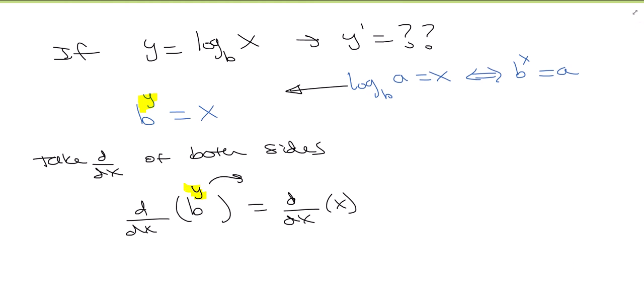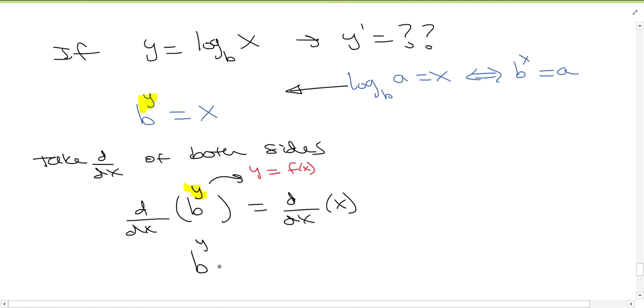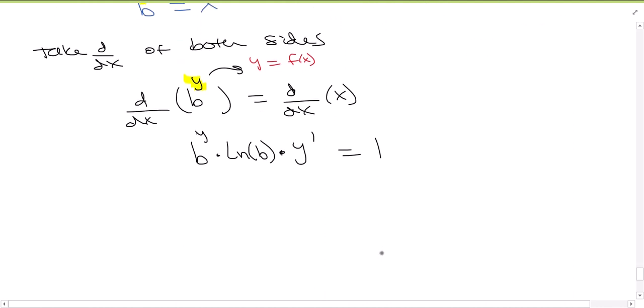So remember that y is a function of x. When I take the derivative, I get the exponential back, so I'll get b to the y times the natural log of the base, but by chain rule, times the derivative of that function, times y prime, equals the derivative of x with respect to x, which is just 1. And so solve for y prime. So how do I get y prime by itself? Divide both sides by b to the y ln of b.